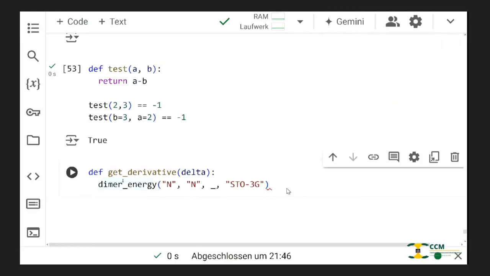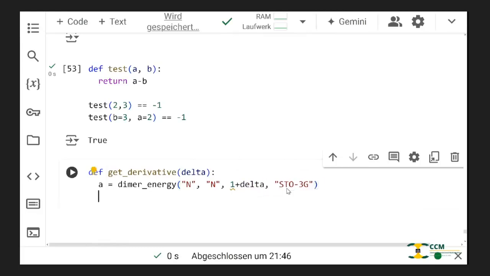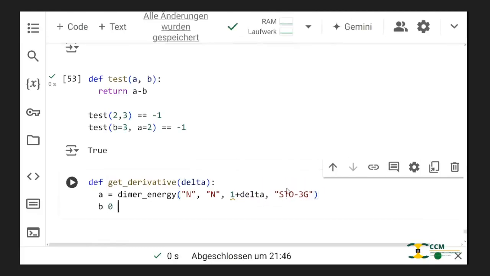So we can say A is 1 plus delta, and B is that 1. Return A minus B divided by delta.